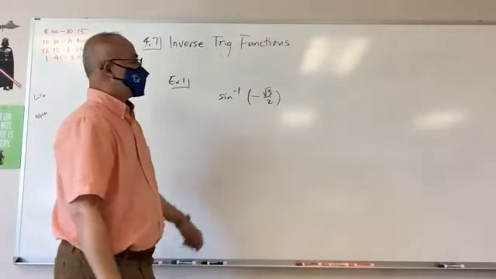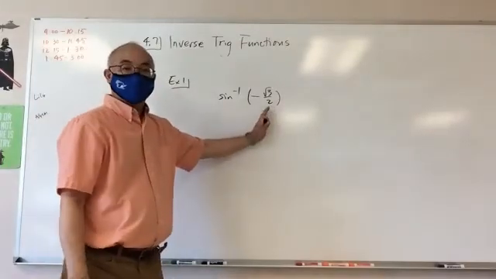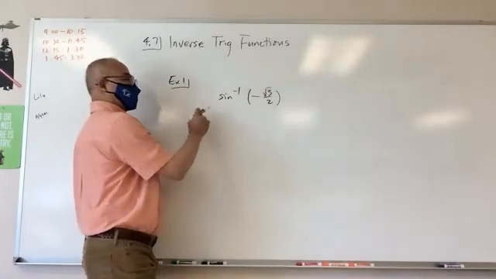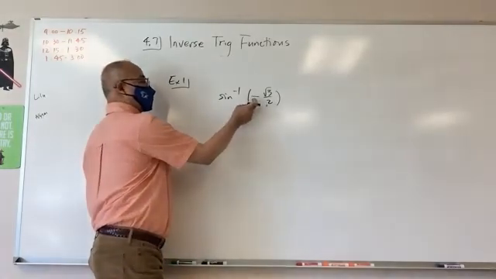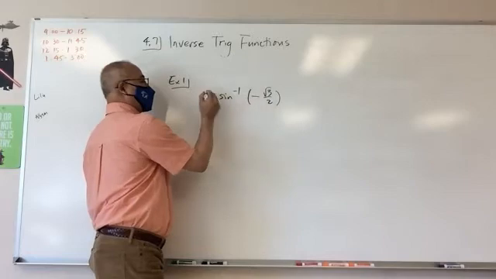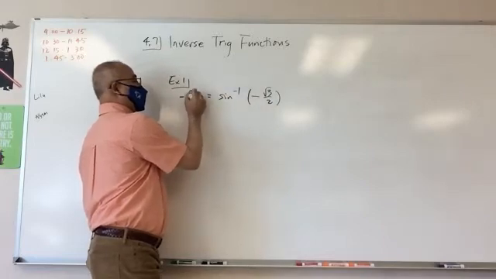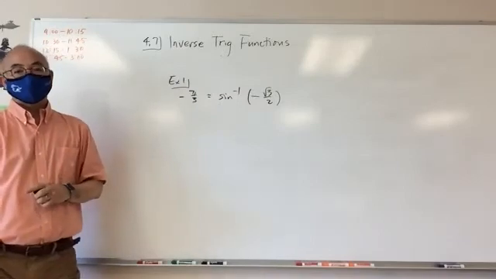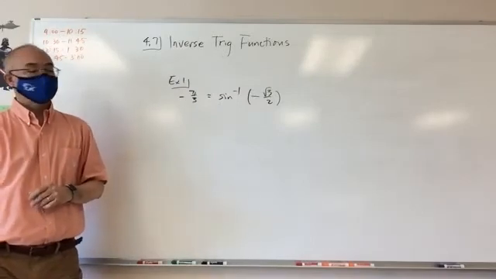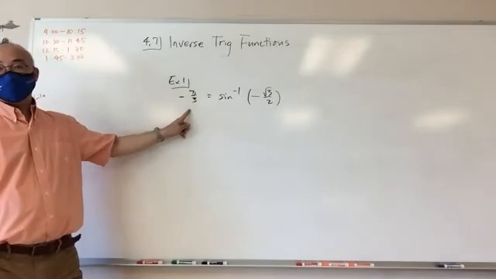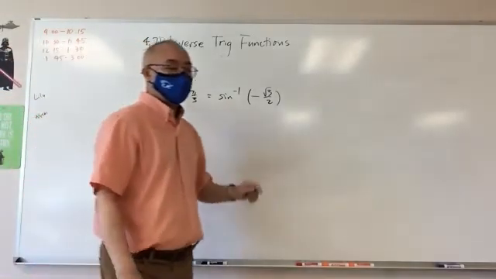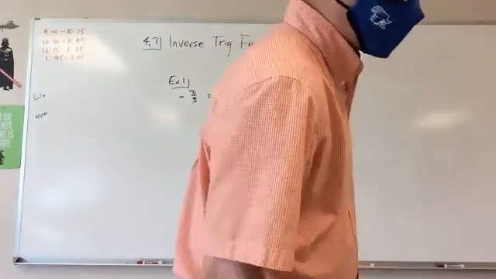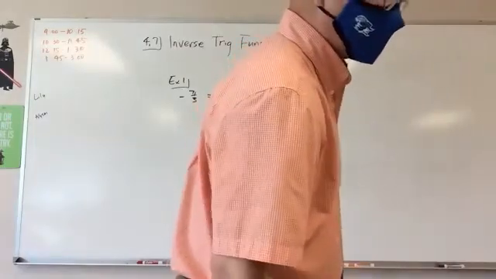What is the angle which gives me this value? 60, but it is negative, so it's minus pi over 3. Remember, our domain was negative pi over 2 to pi over 2, correct? So this falls within the domain. So we're good here. Okay, so let's now go ahead and go to D.